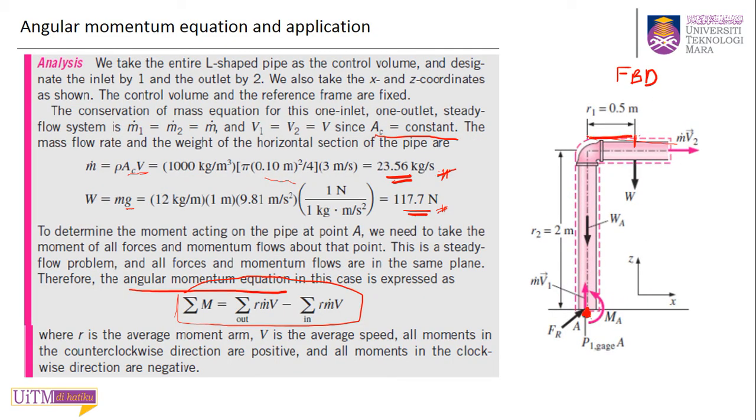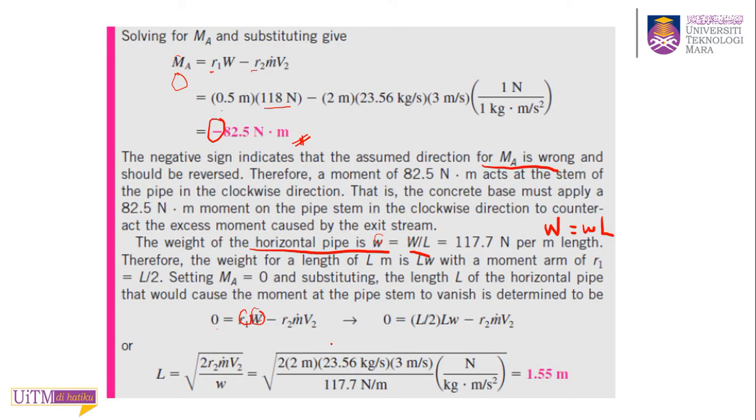This R1 is equal to the length of this pipe over 2, correct? So that's why you get 0.5, and this is 1 meter, so the length is 1 meter, over 2 is 0.5. So you need to change this R1 in terms of L over 2. So R1 will be equal to L over 2, and the W will equal to w times L. So that's why this equation will change to this.